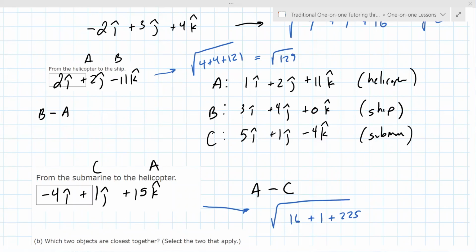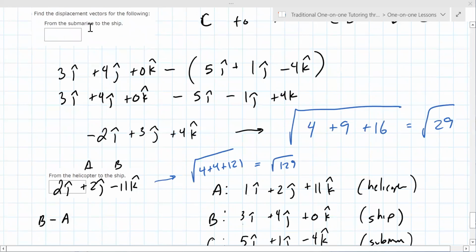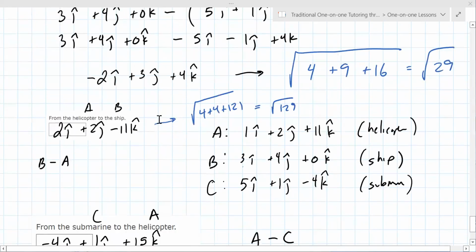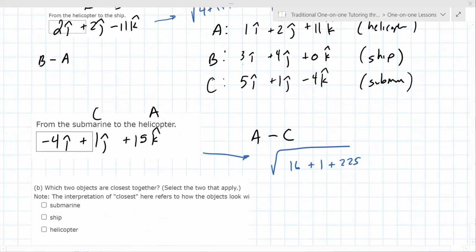All right, so actually there was a mistake in that one. Interestingly, they talk about it in 2 dimensions.